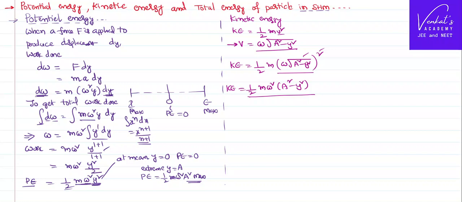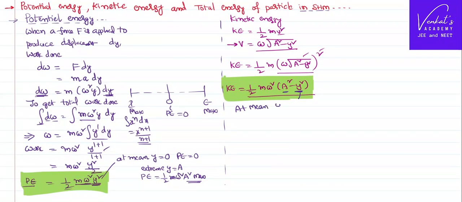If you notice carefully, this is the equation for kinetic energy, and it depends on a square minus y square. At the mean position, displacement is zero, so kinetic energy becomes half m omega square times a square minus zero square, that is half m omega square a square.